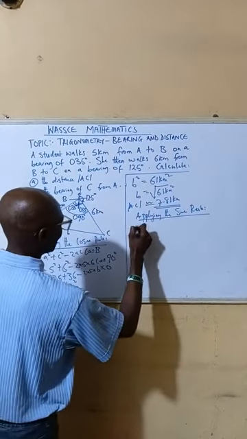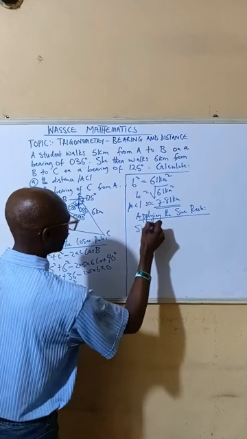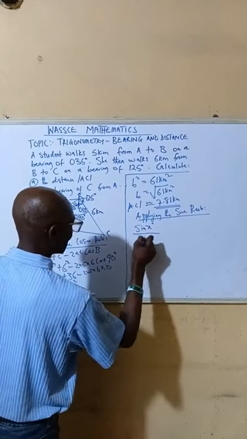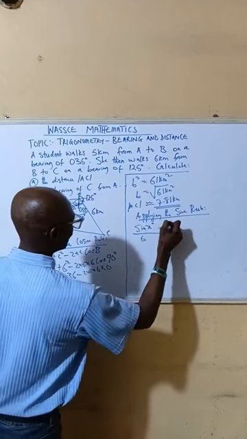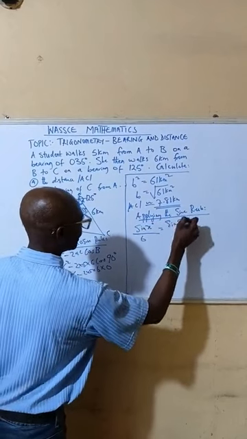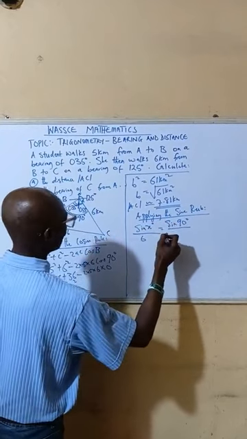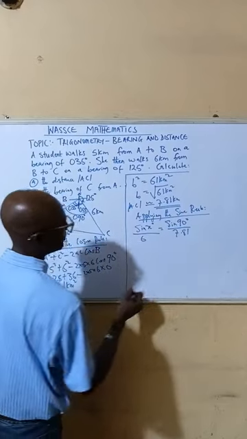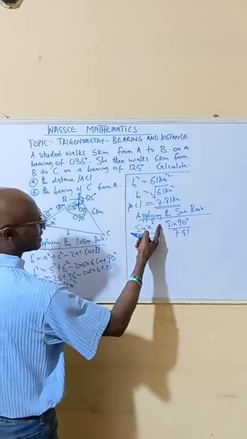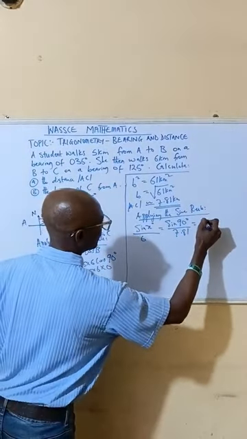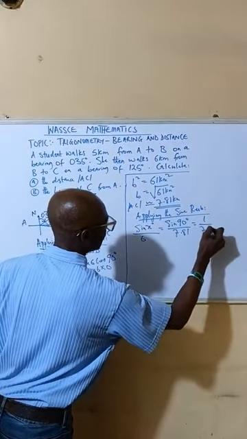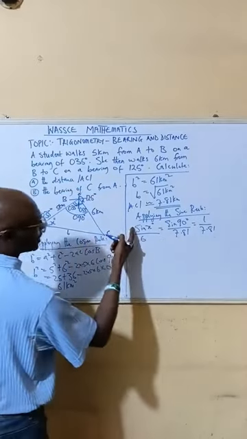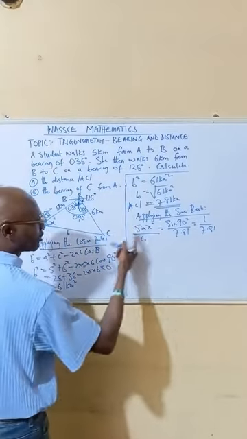So we have sine x over 6 kilometers equal to sine 90 degrees over 7.81. Sine 90 degrees is equal to 1, so this is equal to 1 over 7.81. We get x by cross multiplication.